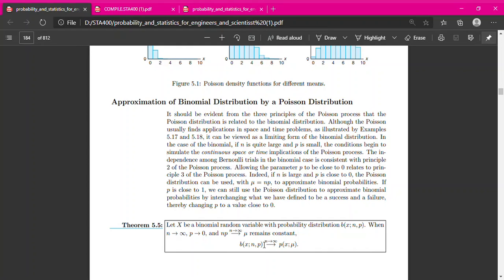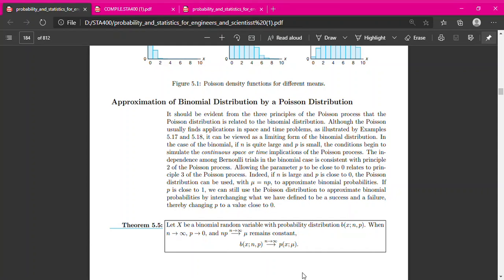Kalau ada approximation daripada discrete kepada continuous, kena buat correction. But for this, tak perlu buat correction. Just you kena tahu the condition, why ataupun how ataupun when we can approximate daripada binomial situation kepada Poisson.